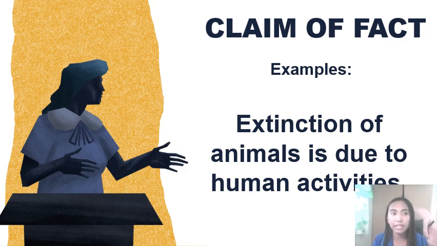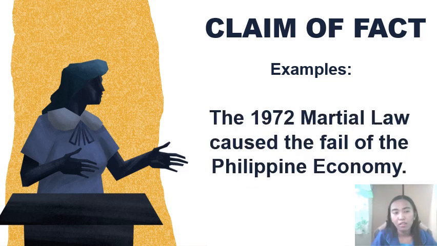Let's proceed to the second example. Okay, so the 1972 martial law caused the fail of the Philippine economy. So this is an example of claim of fact because, okay, there was martial law, right?